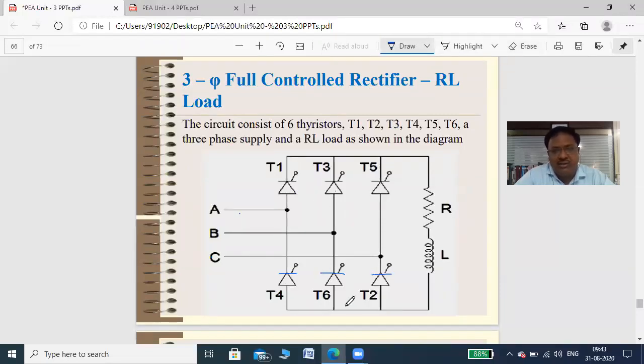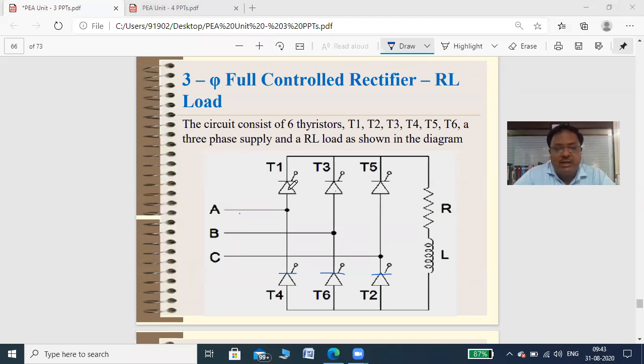Either T1 conducts, or T3 conducts, or T5 conducts at a time, one SCR, and at the same time T4, T6 or T2 will conduct. But if T1 conducts, T4 never conducts. If T3 conducts, T6 never conducts. If T5 conducts, then T2 will never conduct. Very simple to understand.